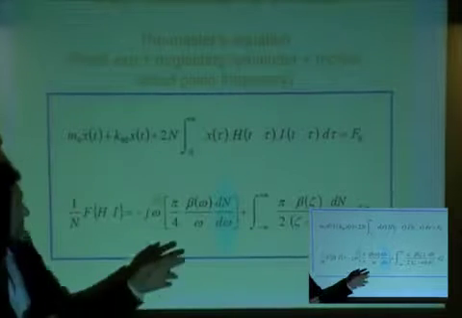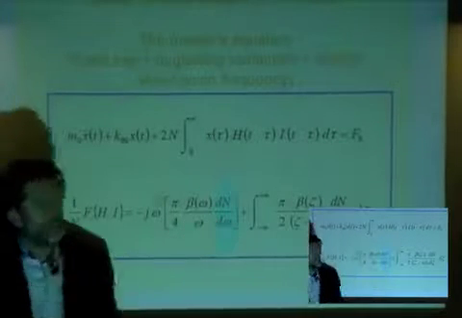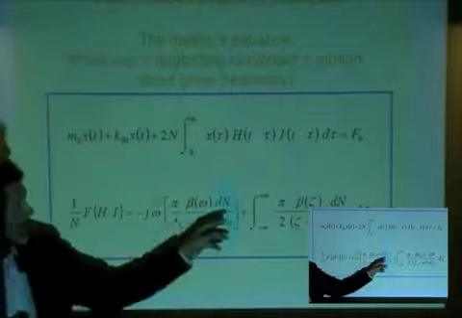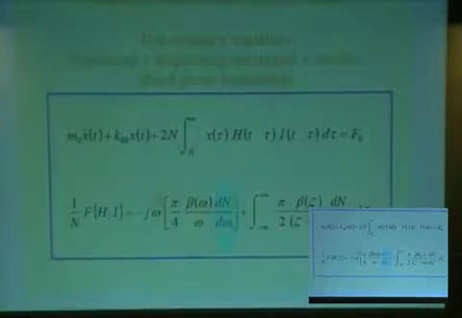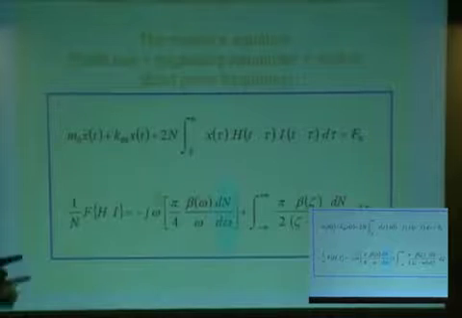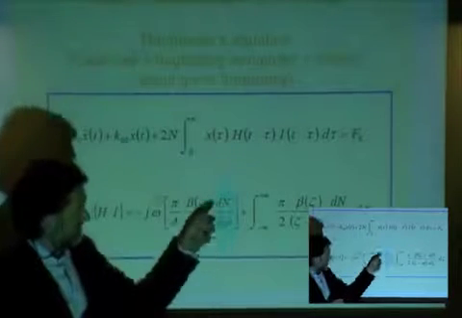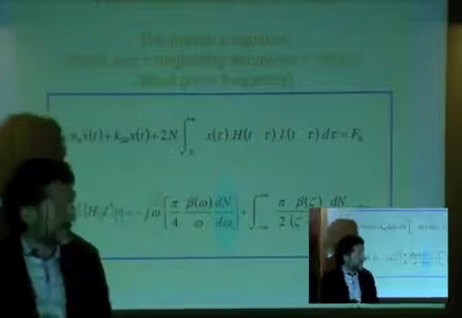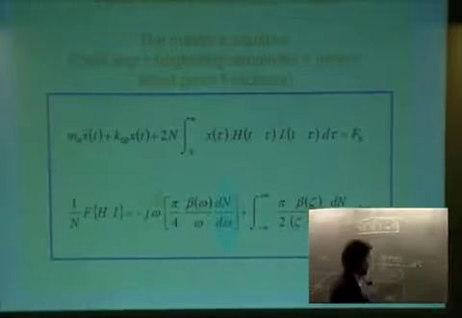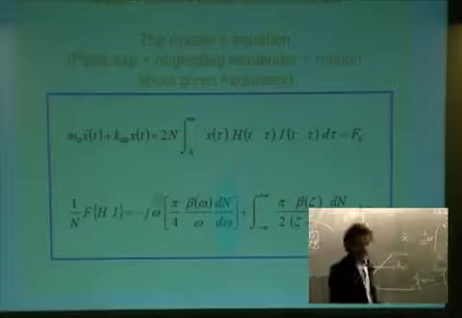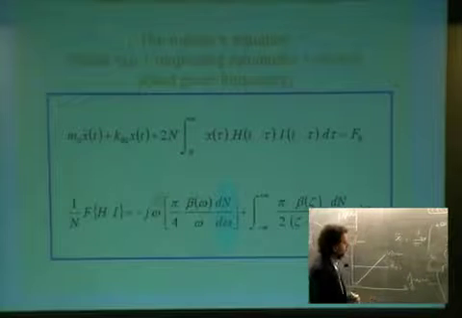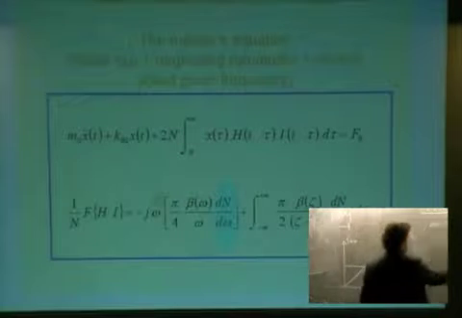The nice thing to see is that it depends on the natural distribution of eigenfrequencies. This is nothing else than the natural distribution of eigenfrequencies, very similar, and we will use this fact, to the probability density function of them.